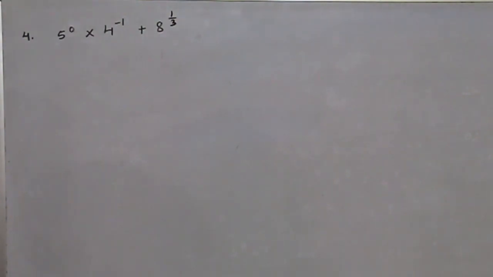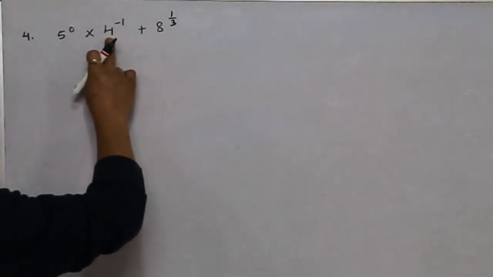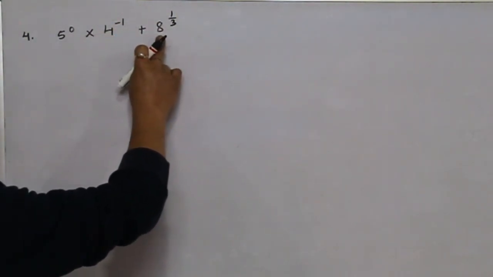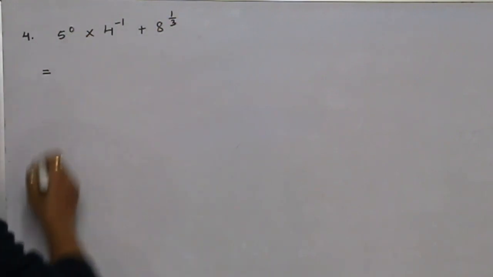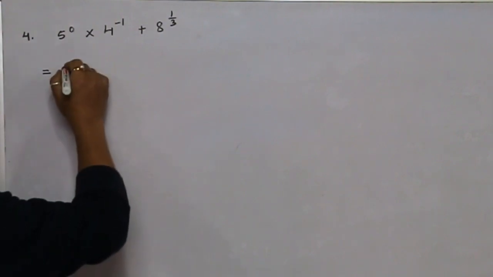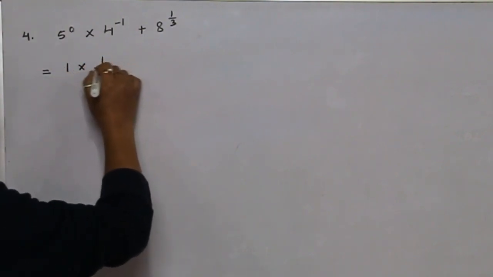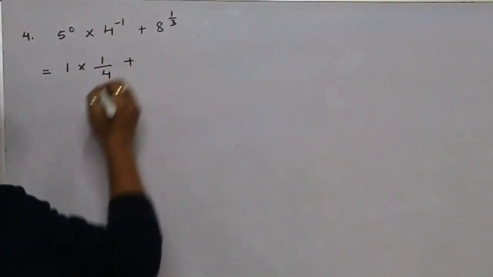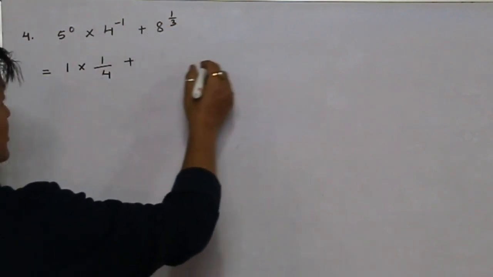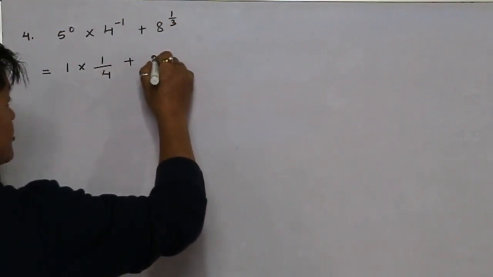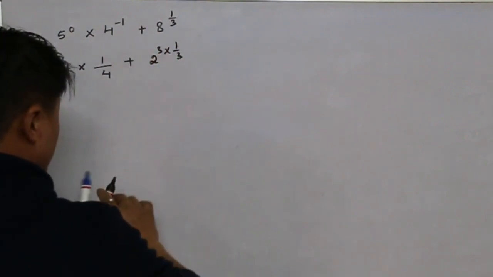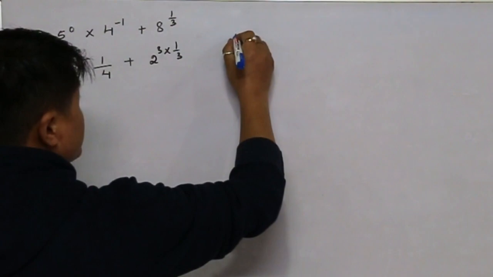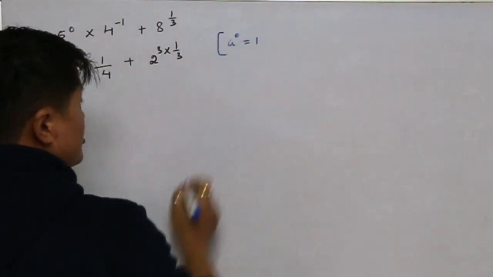Next question we have is 5 to the power 0 into 4 to the power minus 1 plus 8 to the power 1 by 3. This can be written as 5 to the power 0, any number to the power 0 is 1, into 1 by 4 plus 8, which can be written as 2 to the power 3, into 1 by 3. So what we have done here: a to the power 0 is equal to 1 is one rule.